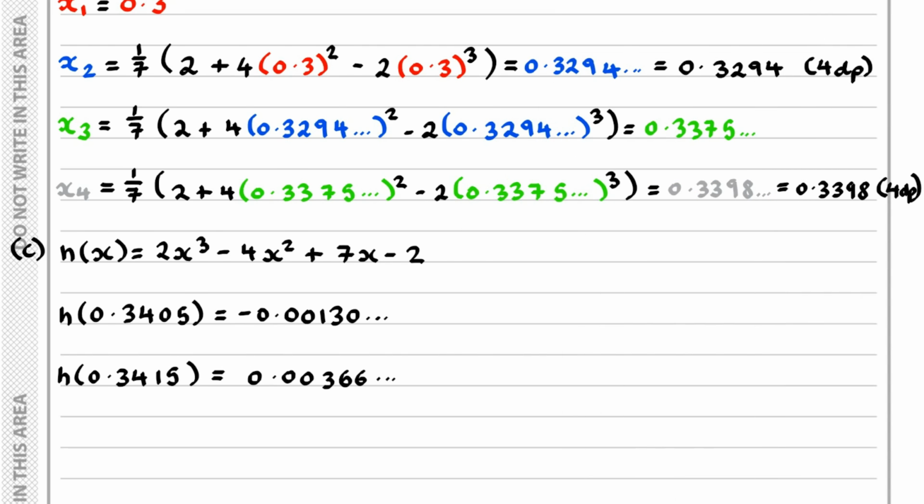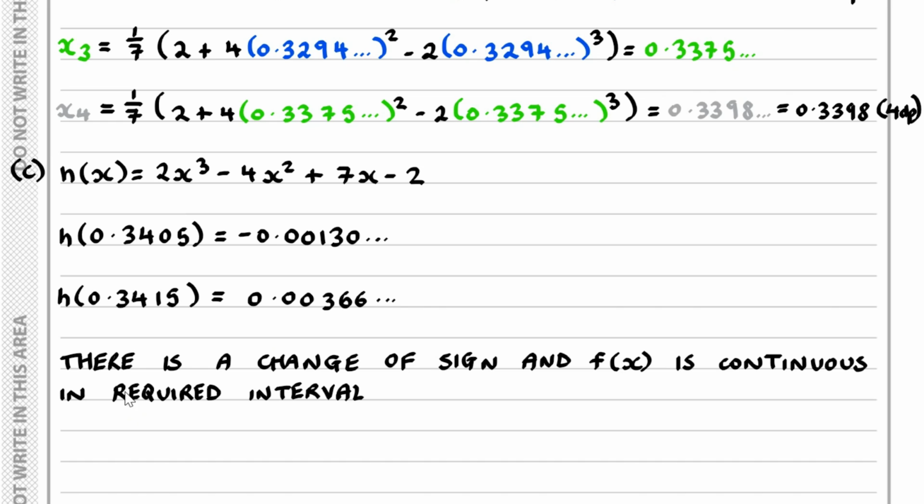And so therefore, there is a change of sign and f of x is continuous in the required interval. And so therefore, alpha is equal to 0.341 given to 3 decimal places.